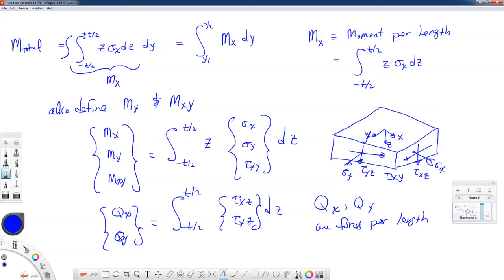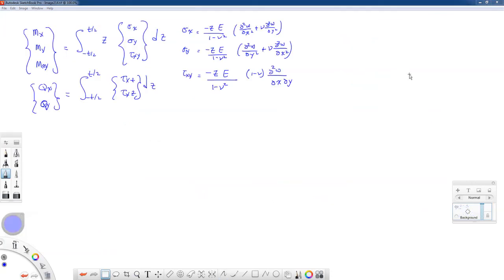Now we know what our expressions for the stresses are, in particular the normal stresses. We can write them either in terms of the curvatures, or we can write them in terms of the second partial derivatives of w with respect to those spatial coordinates. So let's set that up and take a look at one of these terms. I think that will be enough to get our point across. Let's look at the mx term. It's equal to this integral from minus t over 2 to t over 2 of z sigma x.